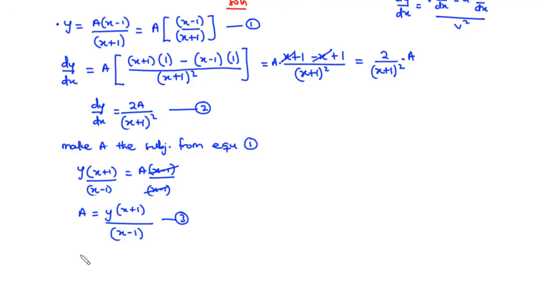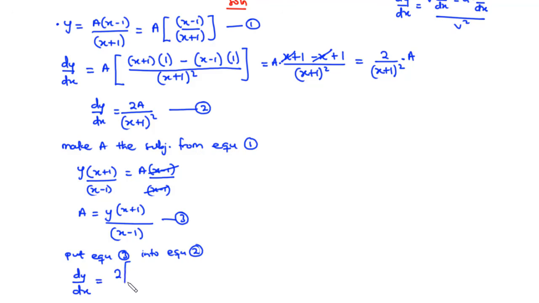So next, what's going to happen is we are going to put equation 3 into equation 2. So you have dy/dx equals 2 times a.